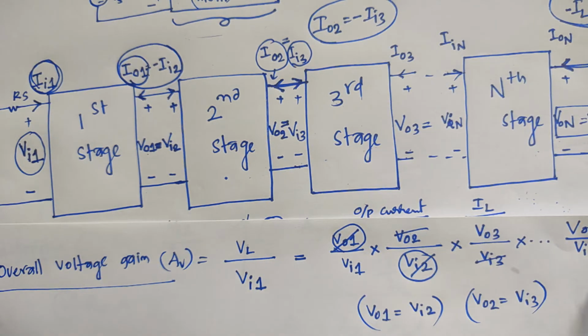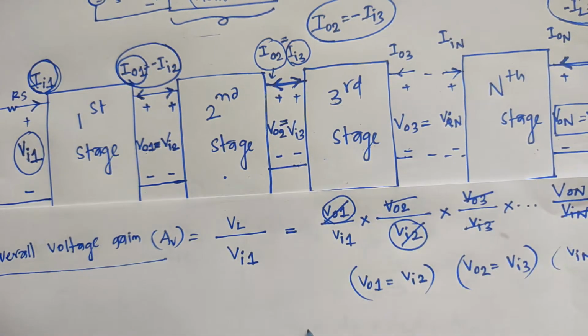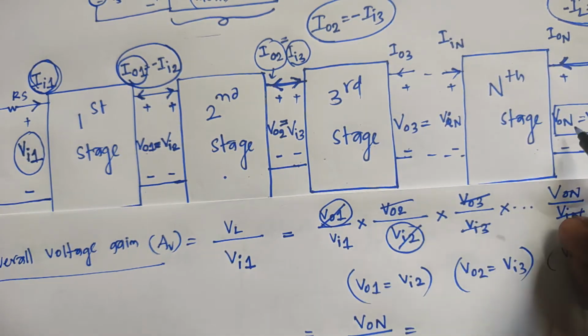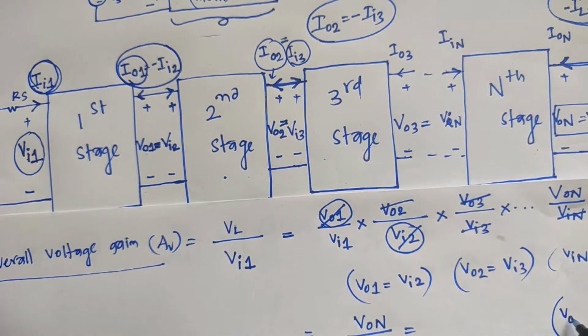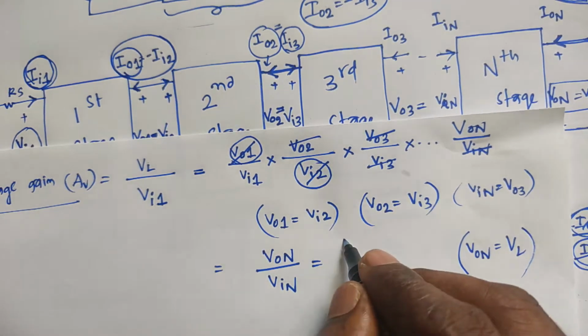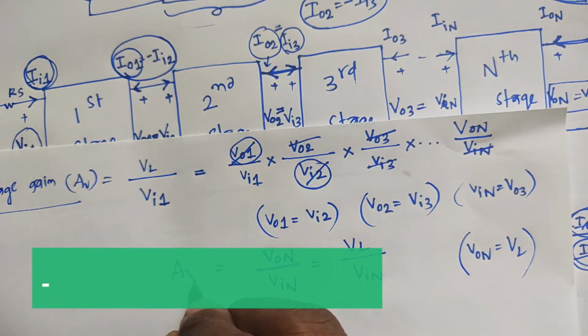Simply up to that VIN is equal to V03, like that you can take. So cancel. Finally you will get, what is the meaning of this? V0n by VIN. What is meant by V0n? Where V0n is equal to VL. So finally VL by VIN. So that is called overall voltage gain.